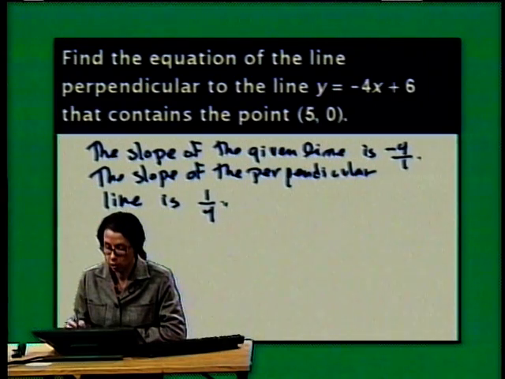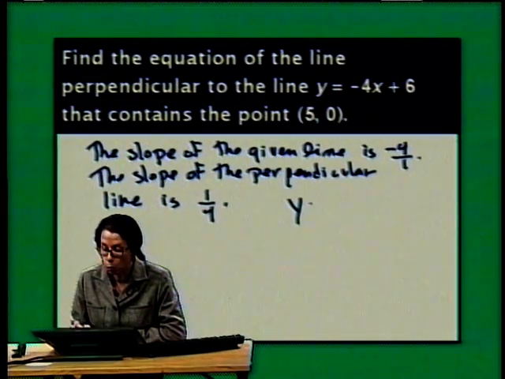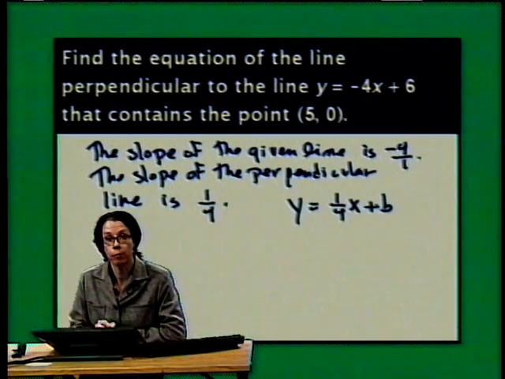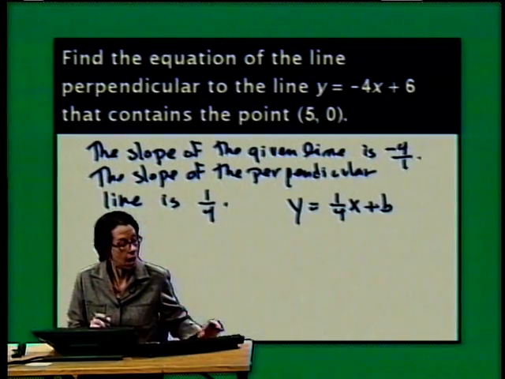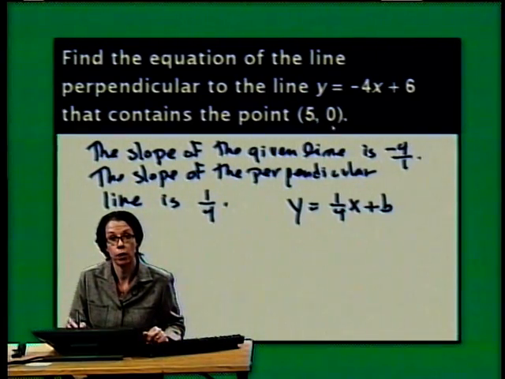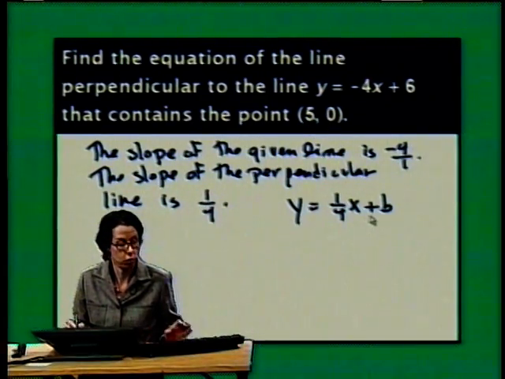So using slope-intercept form, I know that y equals 1/4 x plus b. I just have to determine b. So I know that when x equals 5, y equals 0. This has to be a solution to my equation.